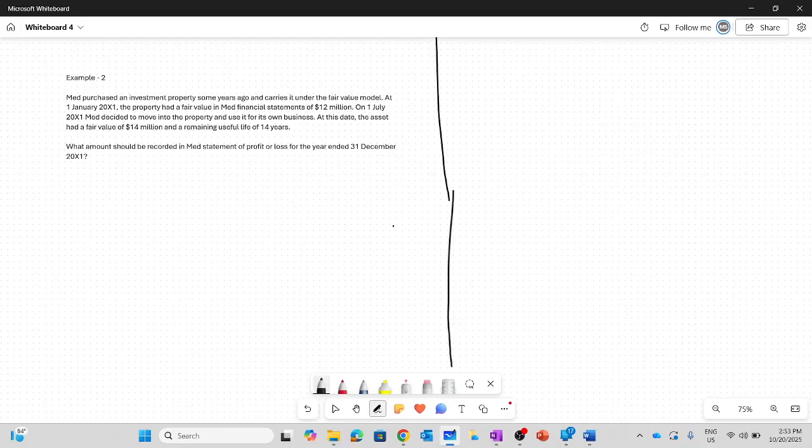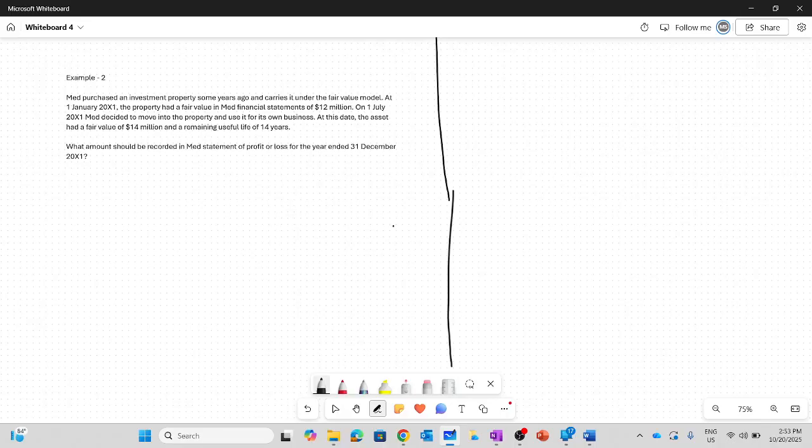On 1st July, it means after 6 months, the ending of June, 30th of June, Med decided to move into the property. It means we are moving from investment property to property, plant and equipment because we are going to use the property for the purpose of the business. So we can't account for it as at July under investment property.